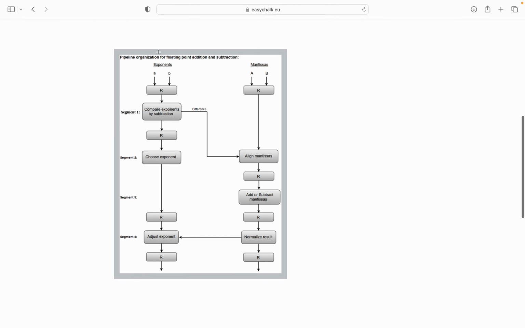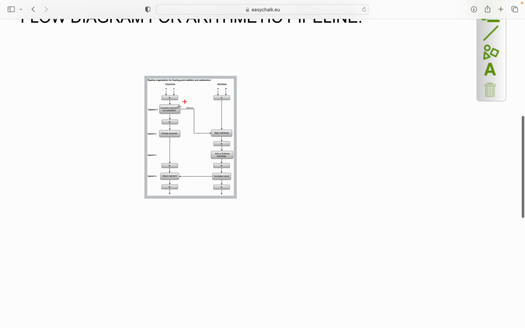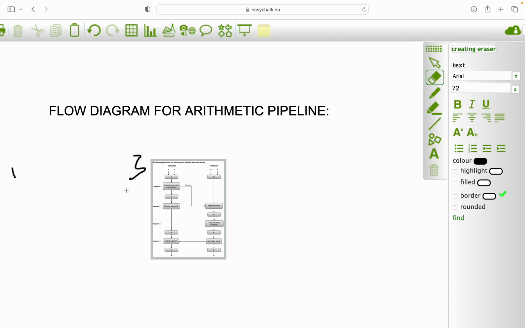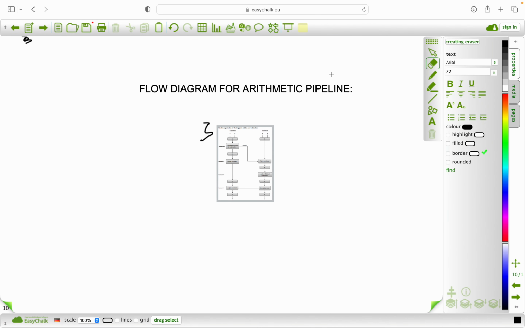So here the exponents, what did we get? I apologize for that.